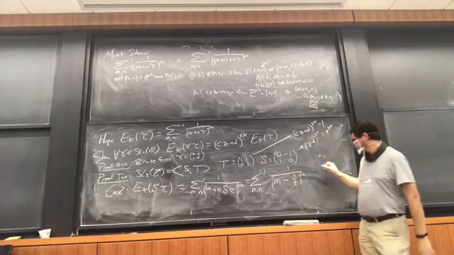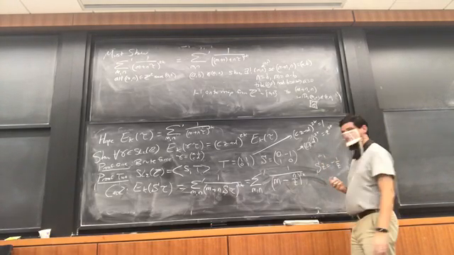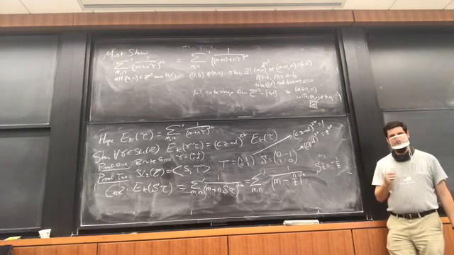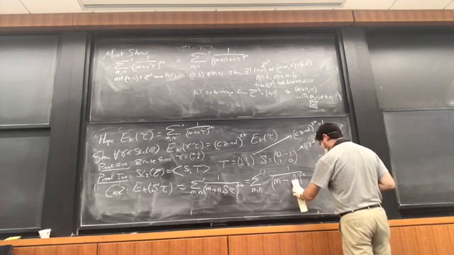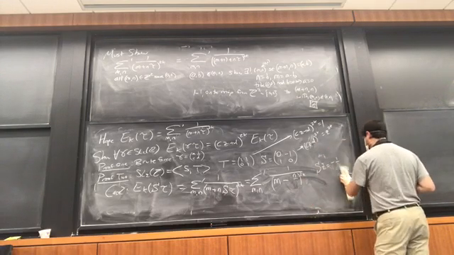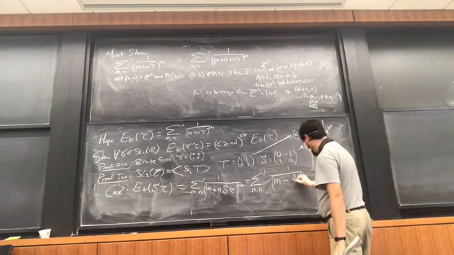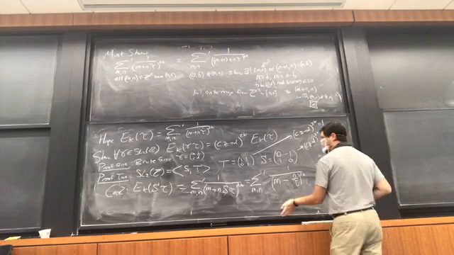Because s of z is negative 1 over z. Except, of course, we're not using the letter z, we're using the letter tau. And this is the problem with everybody having their own notation as to what they're doing. Fine, not a big deal. Okay.